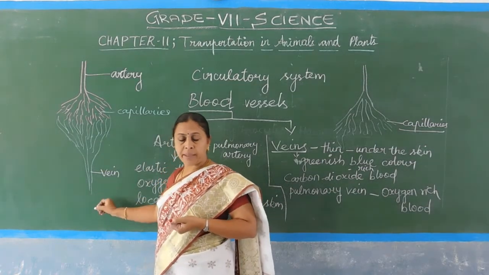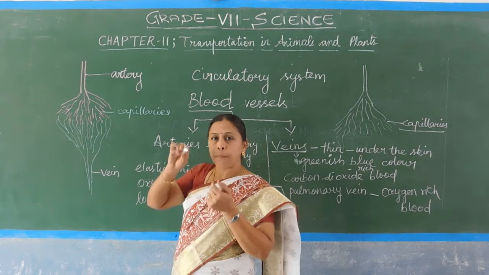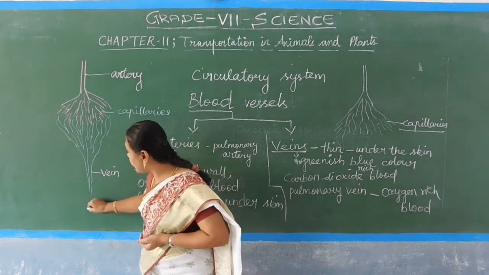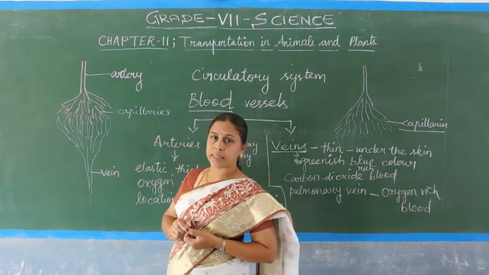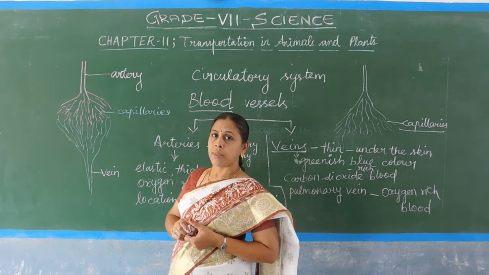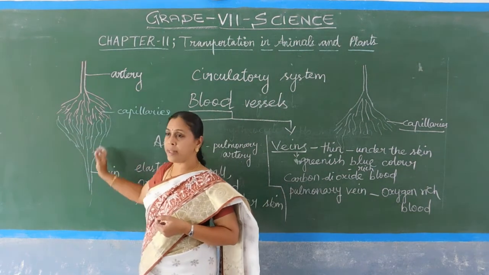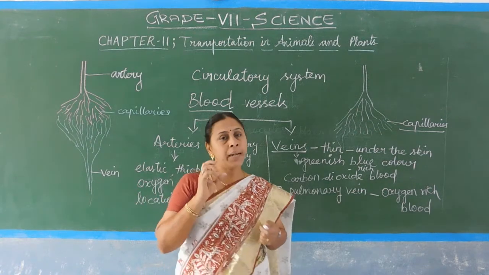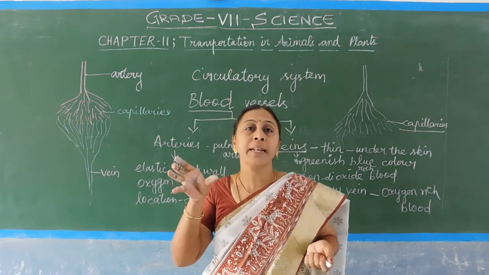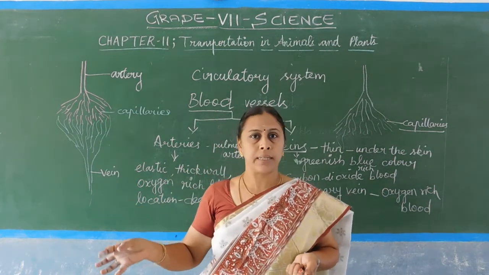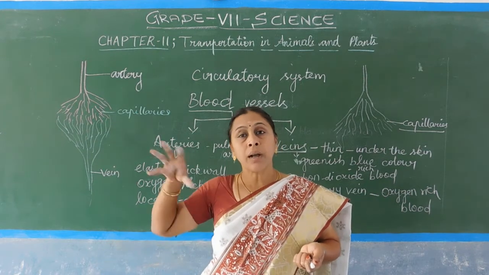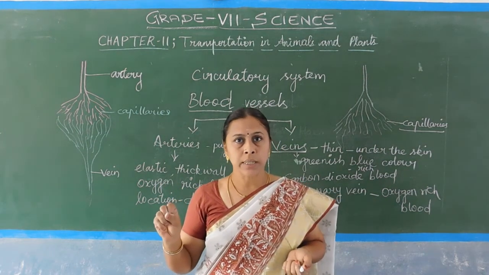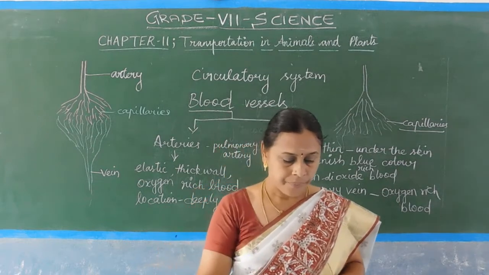That is, carbon dioxide-rich blood will be carried through this vein, and this will again empty into the lungs. This is the transportation between the blood vessels. So capillaries are a network of thin blood vessels. Are you clear up to this? Okay. Next.